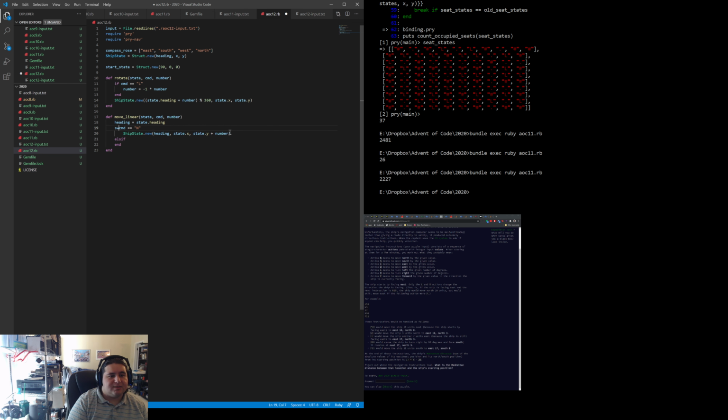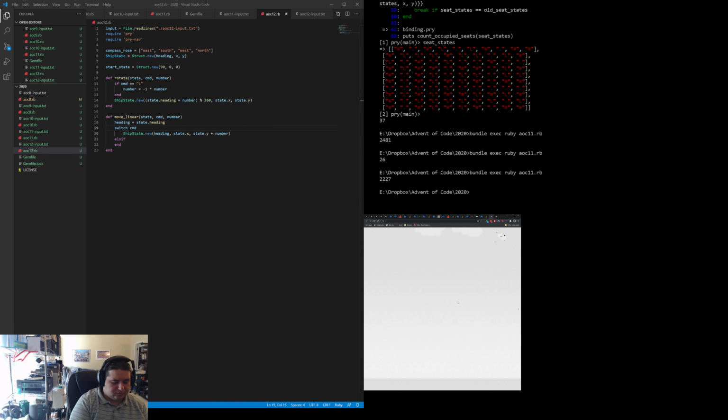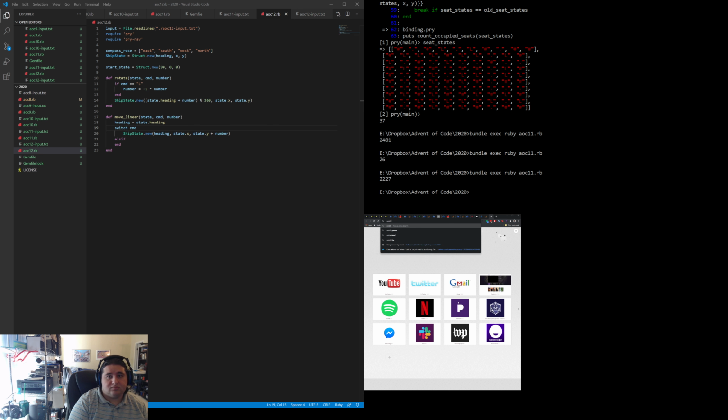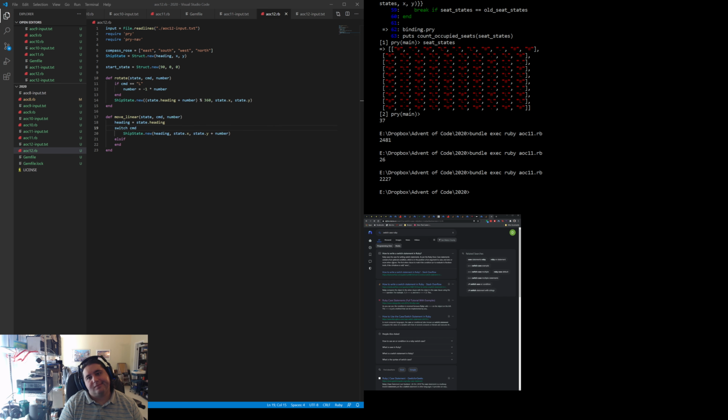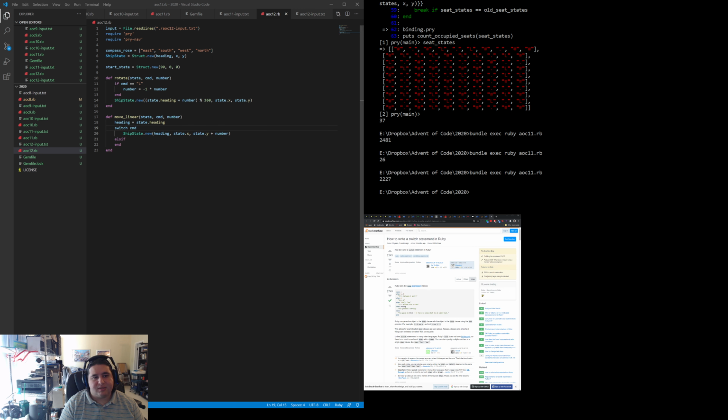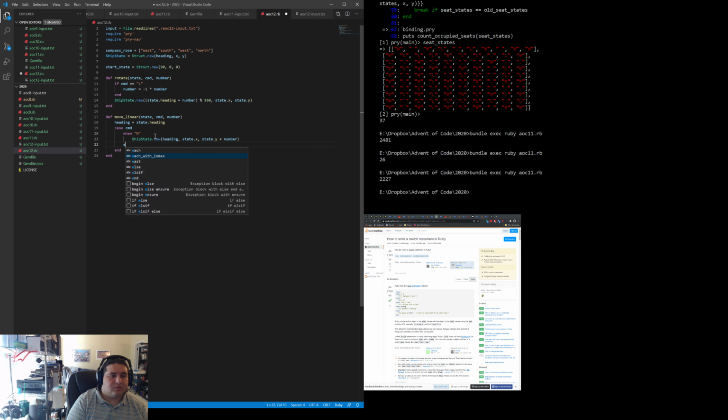I suppose this is a switch case, isn't it? It's like switch CMD. How do I write a switch statement in Ruby? Every single time. It's case, that's right. Case CMD when N. I guess these are technically not supposed to be indented that far.